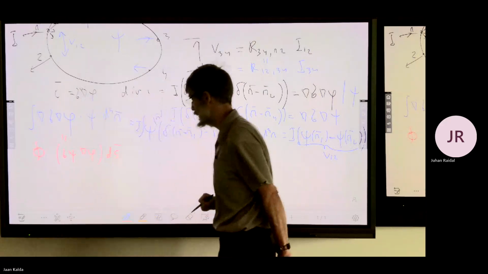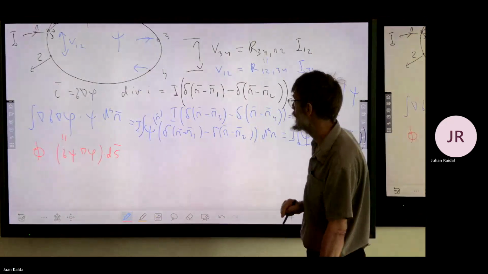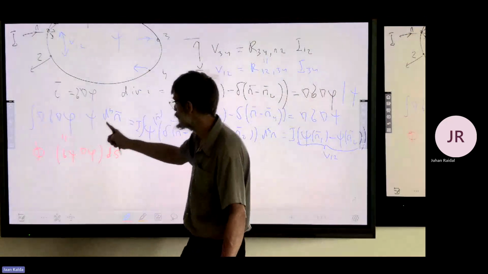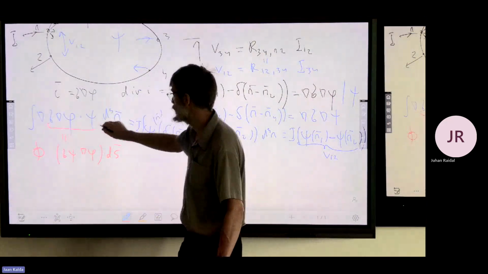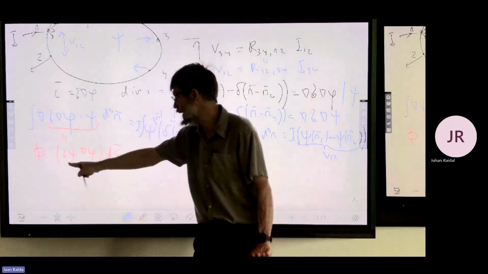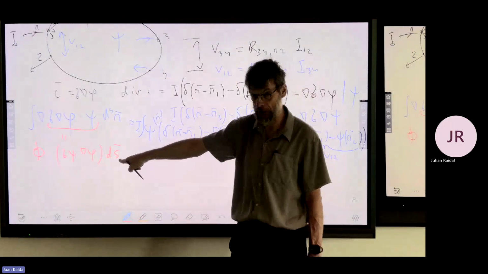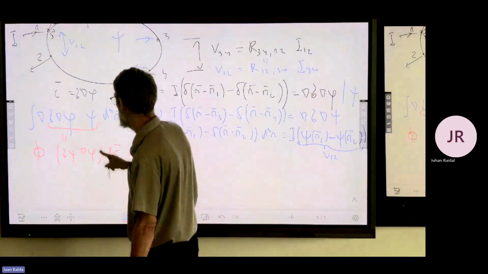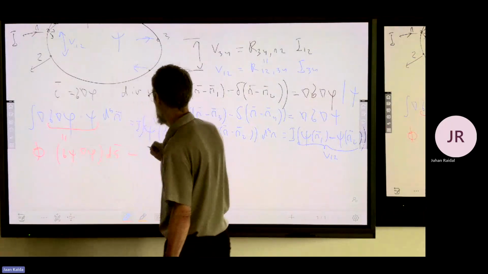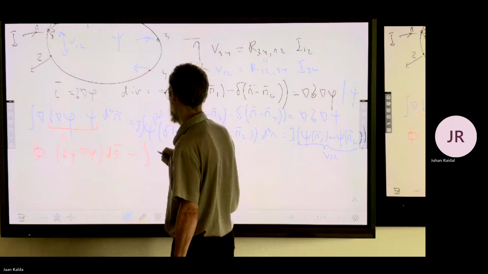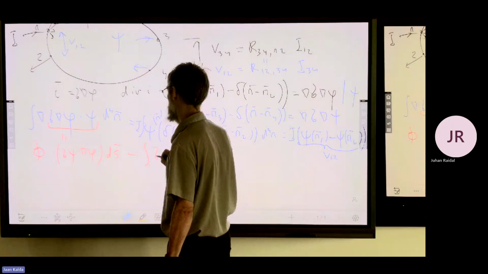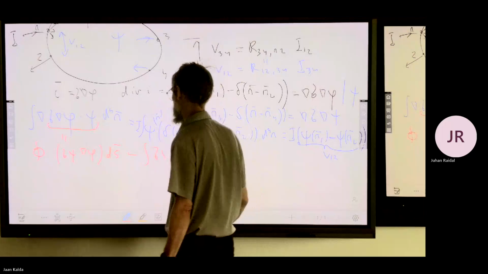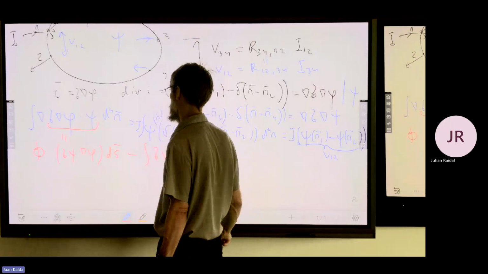Because now we take the divergence of the whole thing, and if I integrate over volume, this gives me a surface integral, right? And then goes the other part, with minus the integral of sigma gradient of psi gradient of phi.